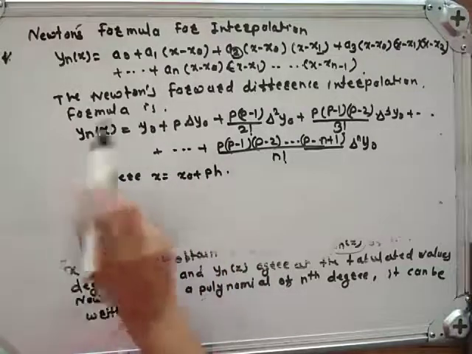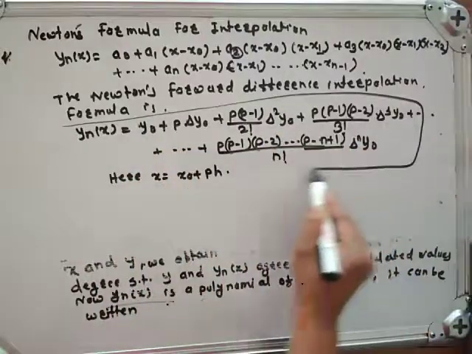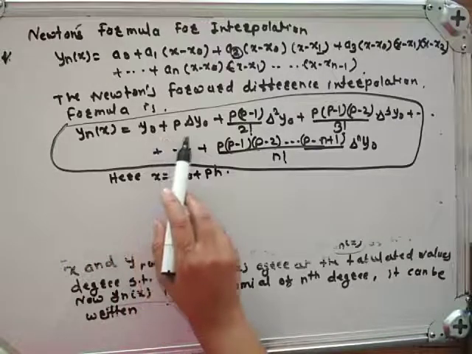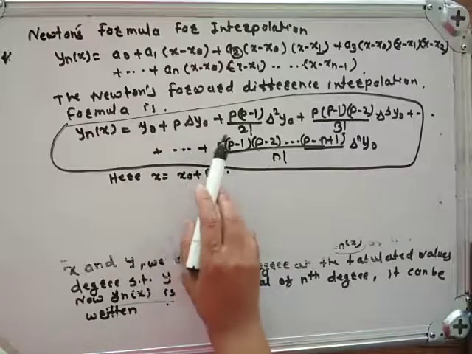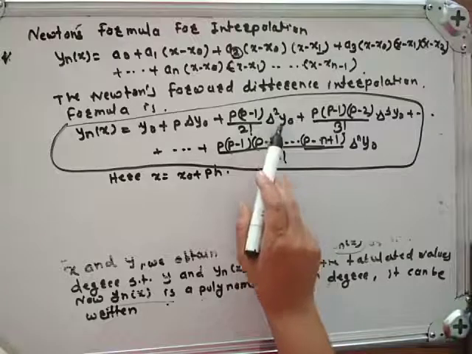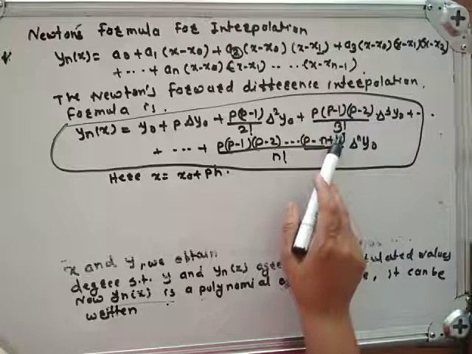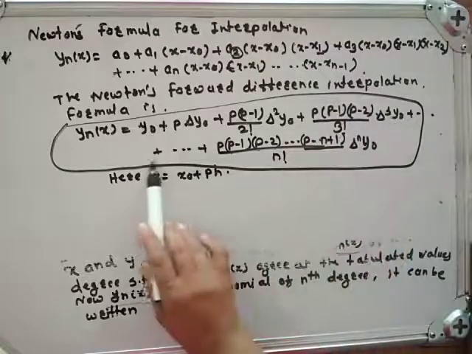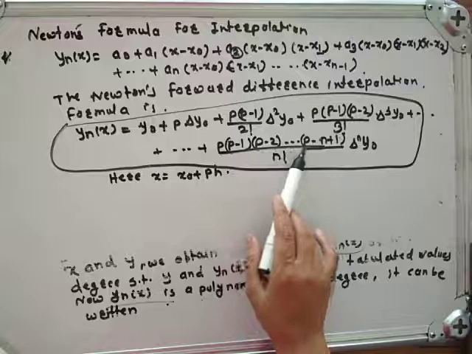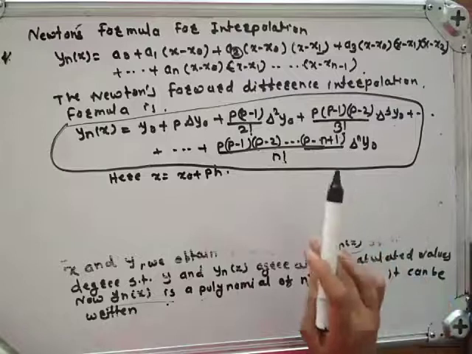See here, this is Newton's forward difference interpolation formula. Students, you have to remember this formula. The formula is yn of x is equal to y0 plus p into delta y0 plus p into p minus 1 upon 2 factorial delta raised to 2 y0 plus p into p minus 1 into p minus 2 upon 3 factorial delta cube y0 plus and so on, up to p into p minus 1 into p minus 2 and so on up to p minus n plus 1 upon n factorial into delta raised to n of y0.